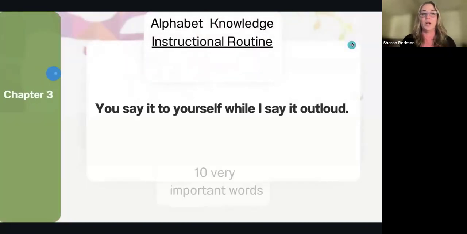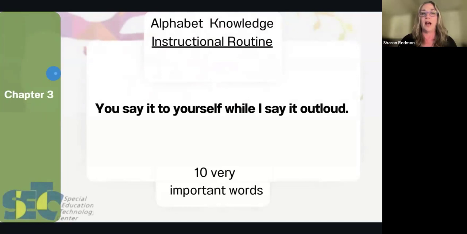So good to know. In chapter 3, we looked at alphabet instruction, and these words for me still in the book are the most important words ever. You say it to yourself, why I say it out loud. You can use it with everything, right? Any type of instruction, any type of thing where you have a complex communicator who is, or hopefully is, using some AAC.